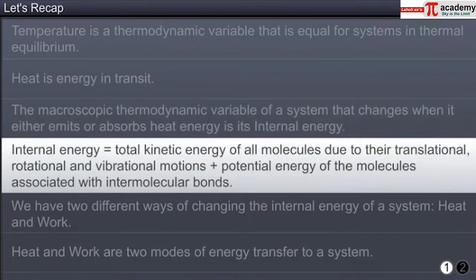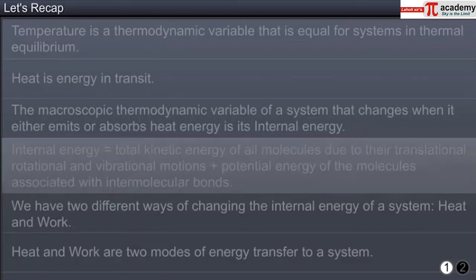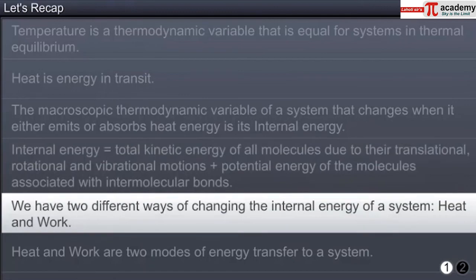Internal energy is equal to the total kinetic energy of all molecules due to their translational, rotational and vibrational motions, plus the potential energy of the molecules associated with intermolecular bonds. We have two different ways of changing the internal energy of a system: heat and work.